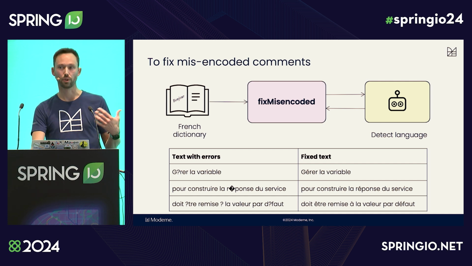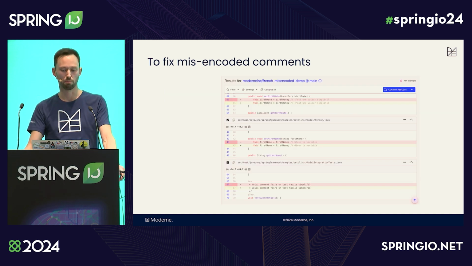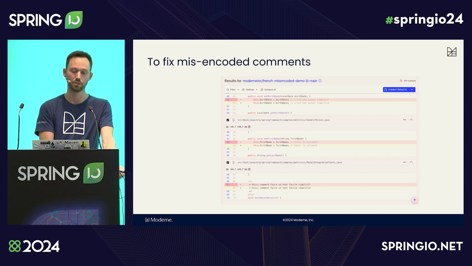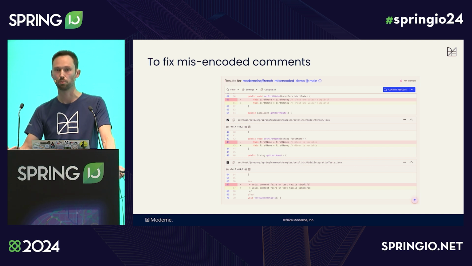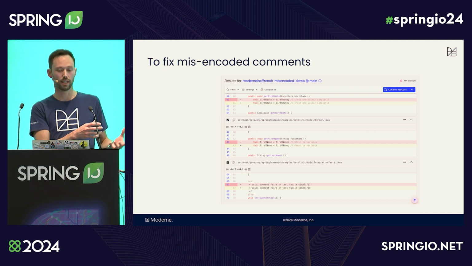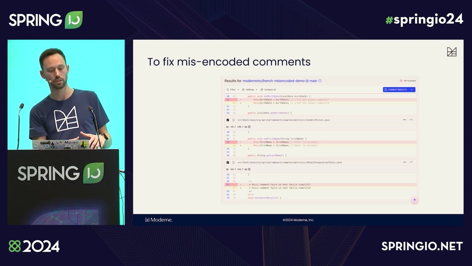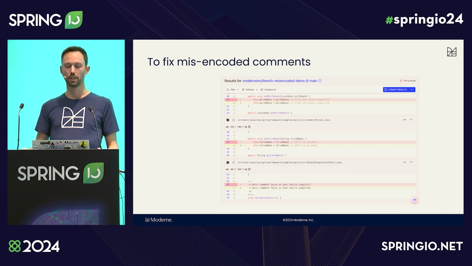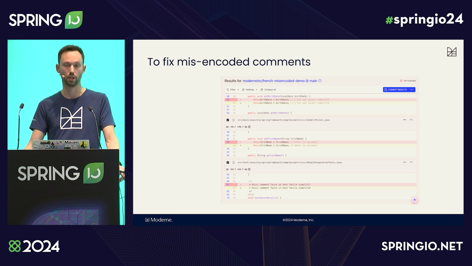So while we were already able to detect the language models, we now set out to make a recipe that looks across those comments, finds any misencoded characters, and then swaps in the closest match that we find in French. So we now have a recipe that can fix these encoding issues, and that leads to better readable code and the ability to compile the Javadoc for a better result of these libraries downstream.